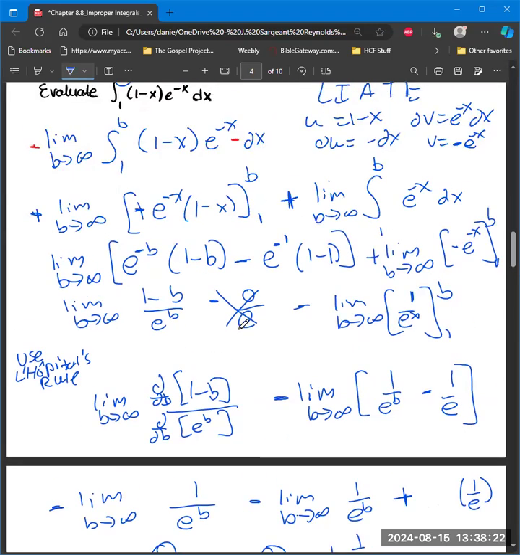I just need to make sure that I kept track of all my signs here. So that gets taken care of over here.